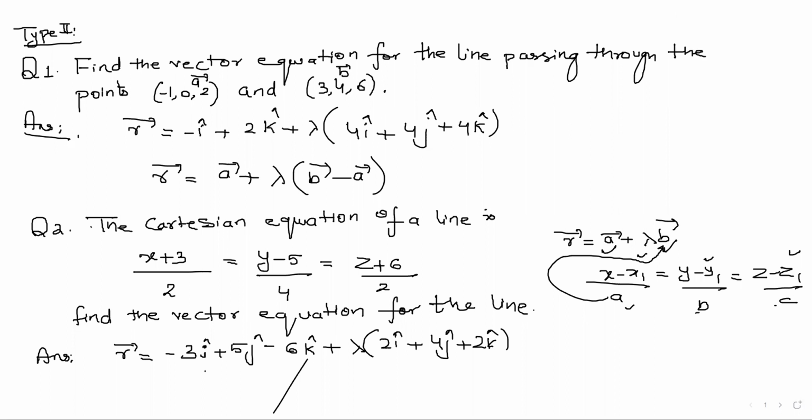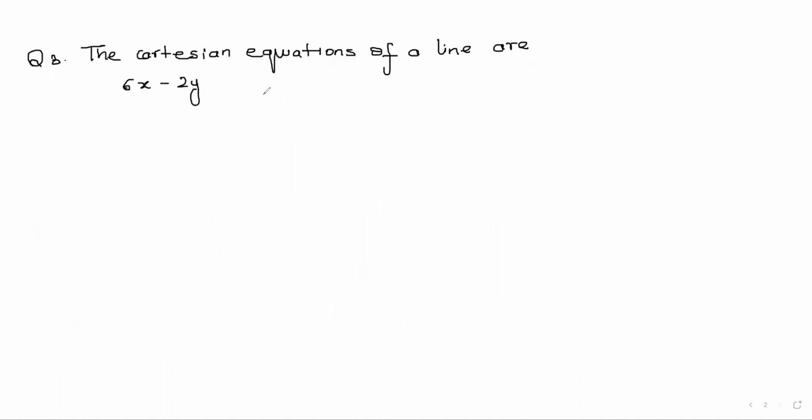Then start this question. The Cartesian equation of a line is 6x minus 2 is equal to 3y plus 1 is equal to 2z minus 2.